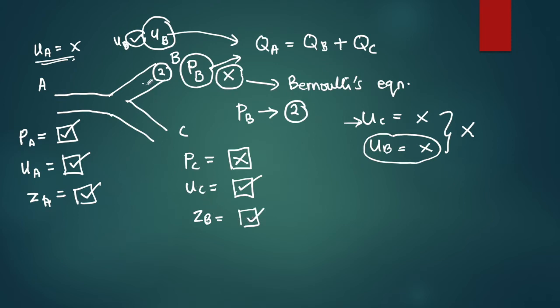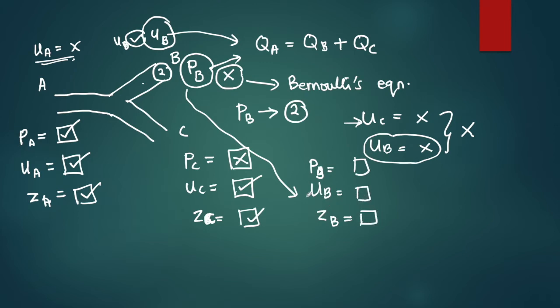Now we take a look at point B. So now I bring this to point B, UB. We have to check each point: PB, UB, and Z. Sorry, this is not ZB, but ZC, and ZB.